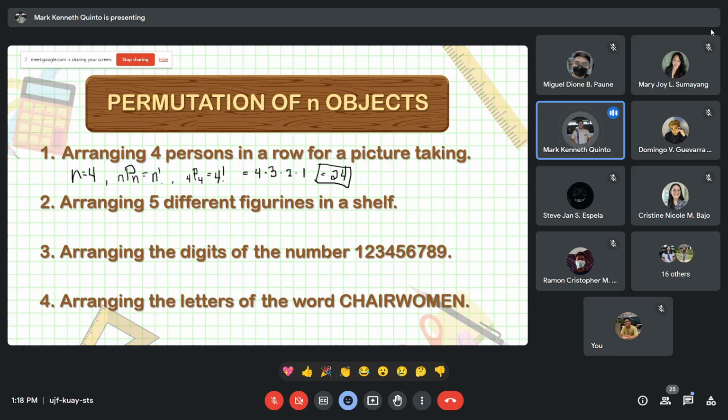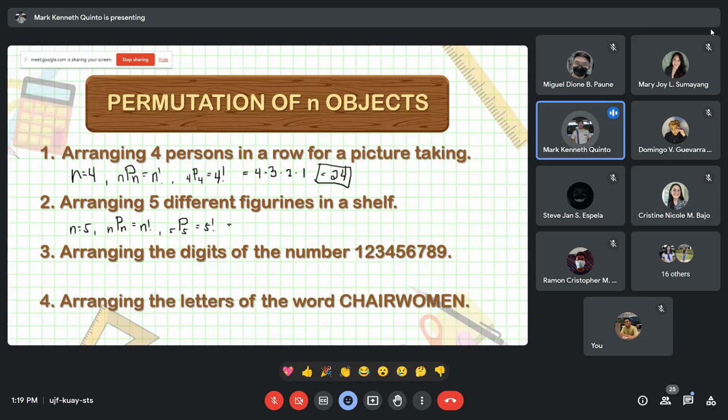What about number 2? According to our example number 2, we have to arrange 5 different figurines on a shelf. Since the value of our n is 5, we substitute it to our formula wherein the permutation of n objects taken n at a time is equal to n factorial. That is the permutation of 5 objects taken 5 at a time is equal to 5 factorial.